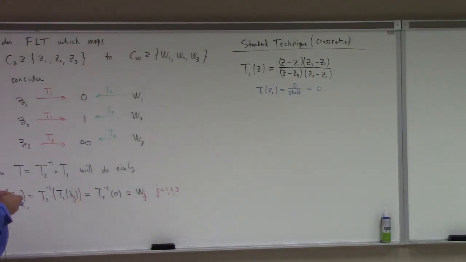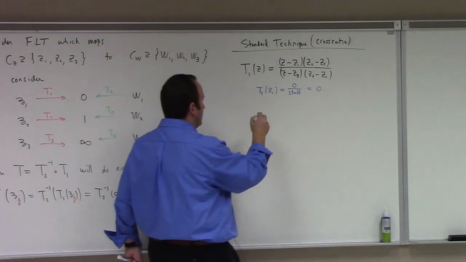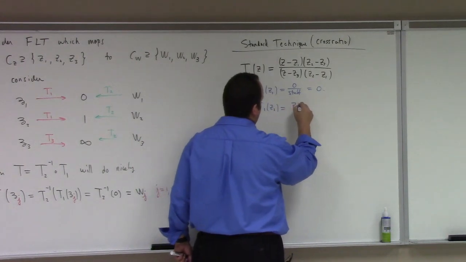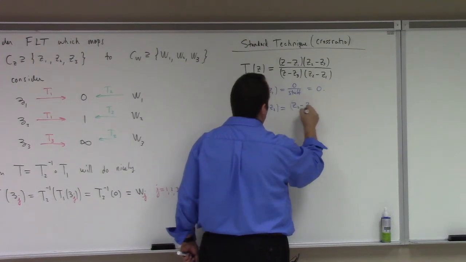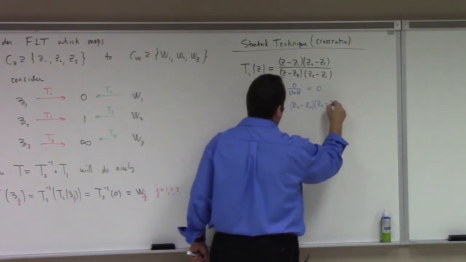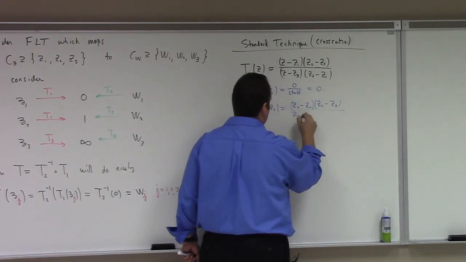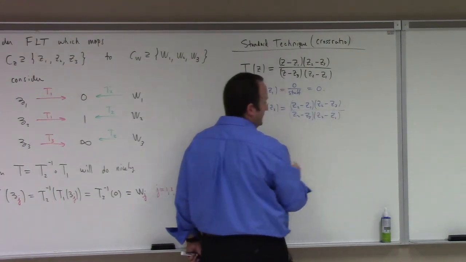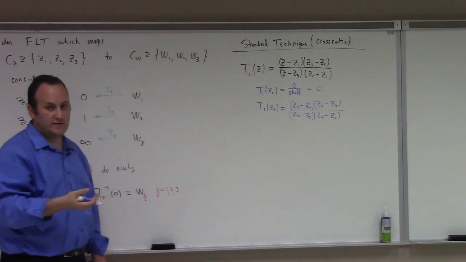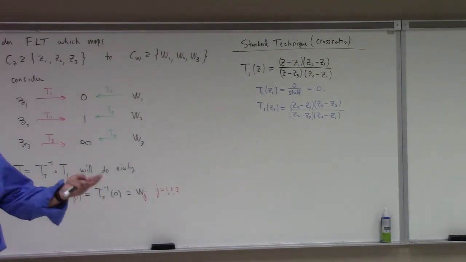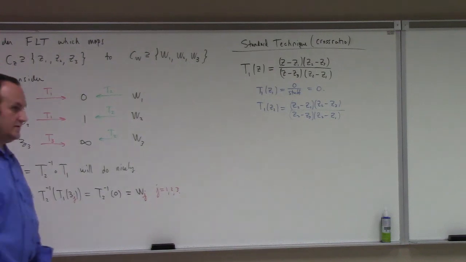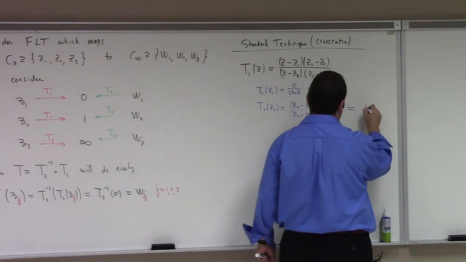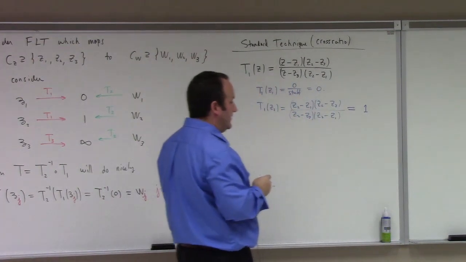What happens when we plug in Z2? We get Z2 minus Z1, Z2 minus Z3, Z2 minus Z3, Z2 minus Z1. Since this is a distinct triple of points, these are non-zero complex numbers, and they just cancel. So that reduces to 1.